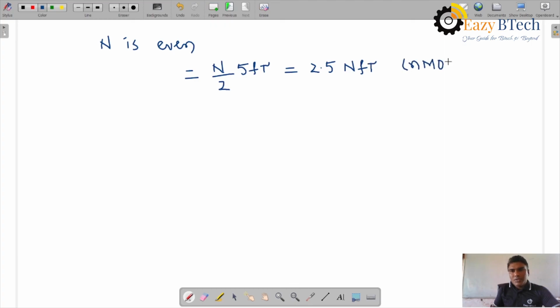So for NMOS, with an even number of inverters, n by 2 phi f tau is equal to 2.5 nf tau.